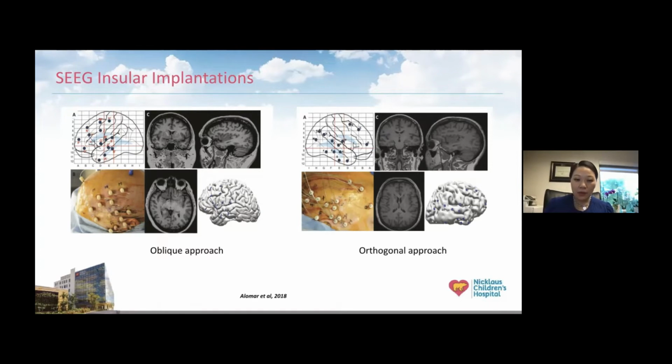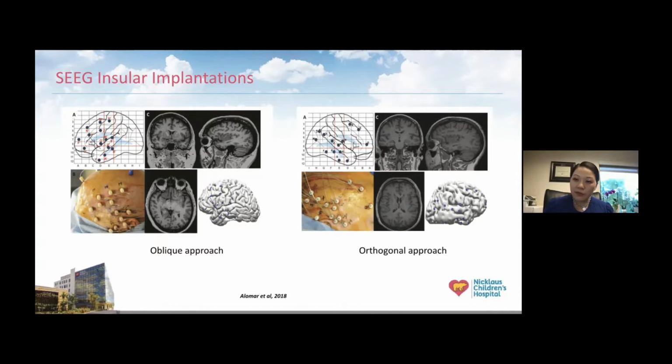So what they were able to say is that the majority of the electrodes, so more than 88% of the electrodes, were inserted orthogonally through this approach here. So the orthogonal approach directly through the frontal, parietal or temporal operculum. And about 11% were implanted by means of an oblique trajectory through the frontal or parietal entry point.